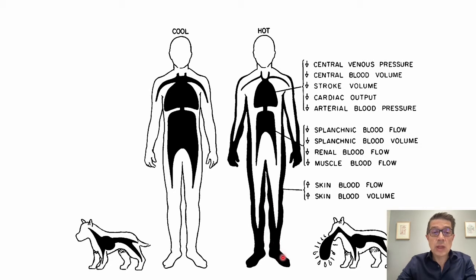So we have to take the blood that goes everywhere in the body and return it to the heart, and from the heart it has to go all the way to the brain. Just by the upright posture, we put our system in a very challenging situation just because we're standing.